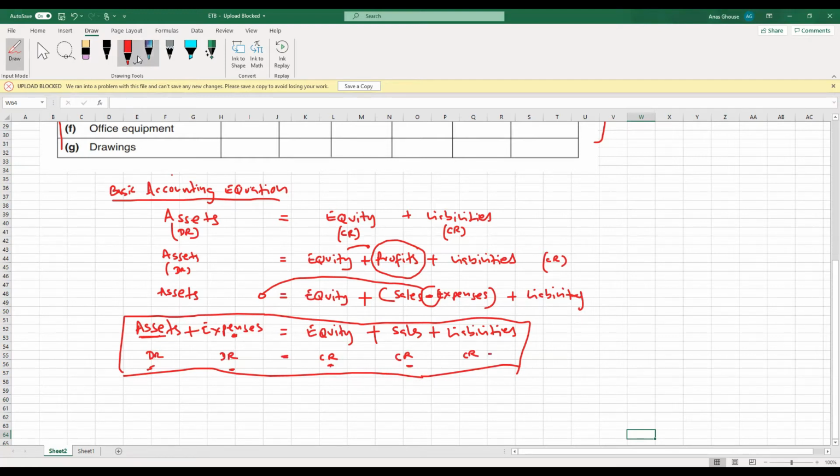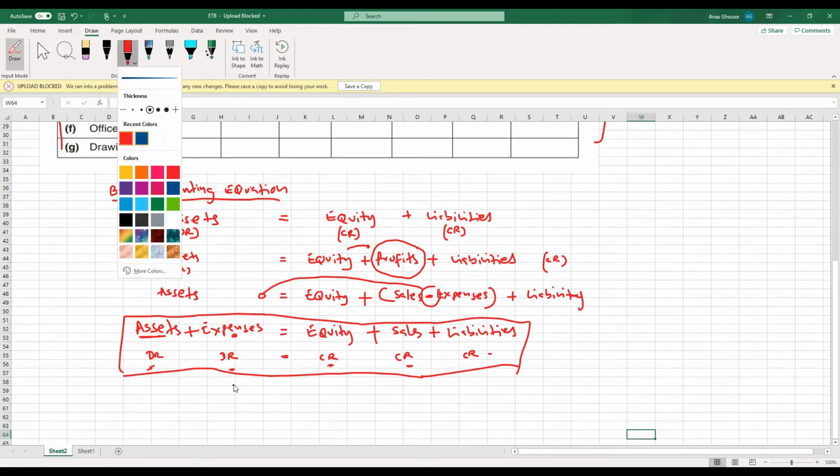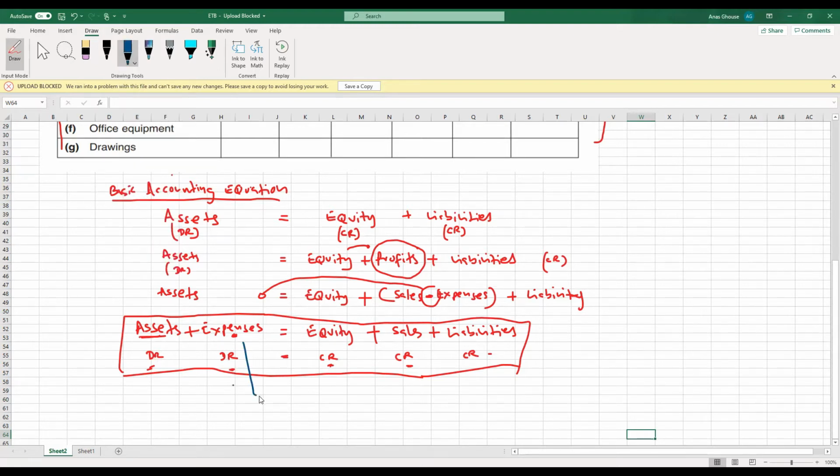Now what we do is, we take the expenses and sales and put them under the statement of profit or loss. We take expenses, debit balances, and sales, credit balances, and put them under the statement of profit or loss.